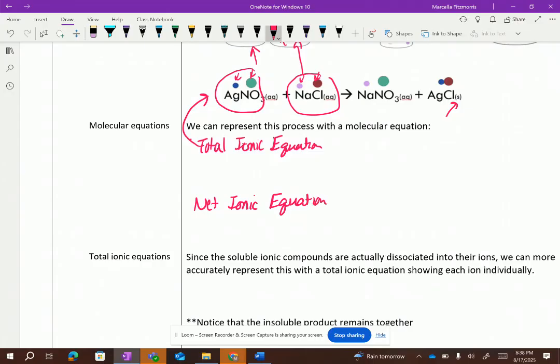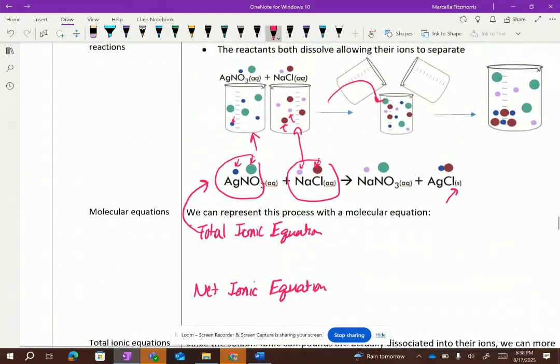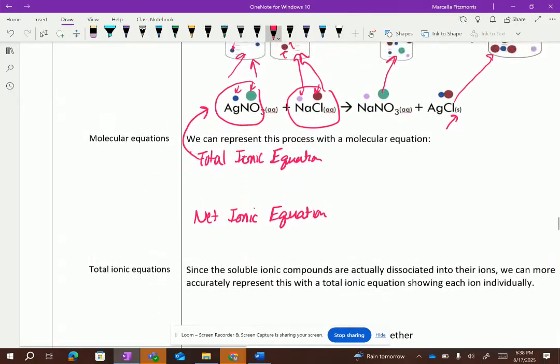What a total ionic equation does is it shows what's in this picture. It shows Ag and NO3 going around separately, Na and Cl going around separately, Na and NO3 going around separately, and that Ag formed a solid and it's now together at the bottom.